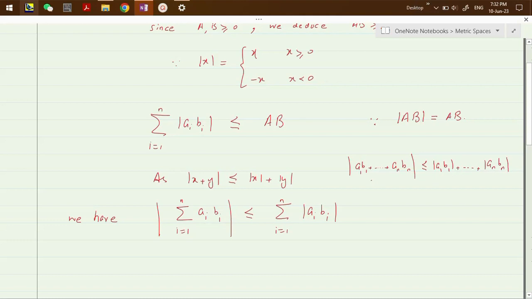So when we write in the summation form, we get this inequality: mod of summation ai bi less than or equal to summation i from 1 to n mod of ai bi, and this is less than or equal to ab. This implies that mod of summation i from 1 to n ai bi less than or equal to ab.